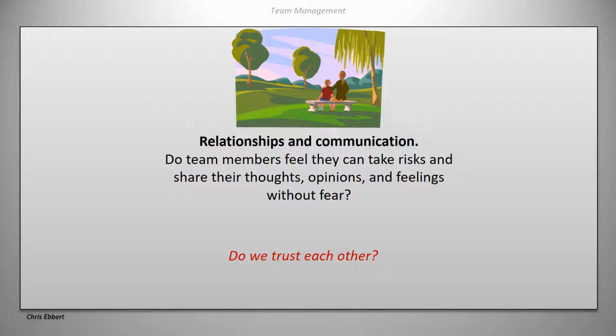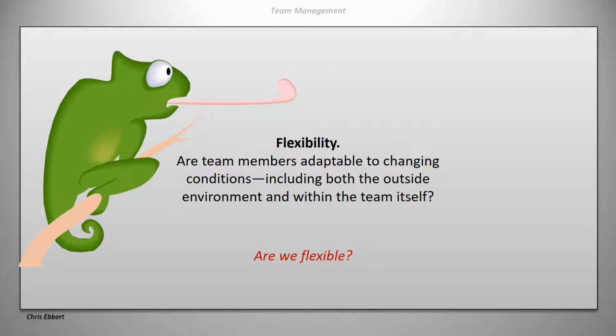Do the team members trust each other? How are the relationships between the members? How is the communication? Is there a certain amount of flexibility in the team? We know that sometimes projects require a change in course and approach.